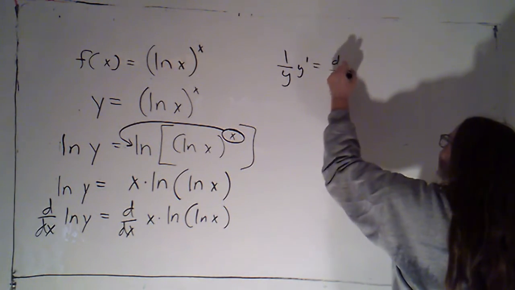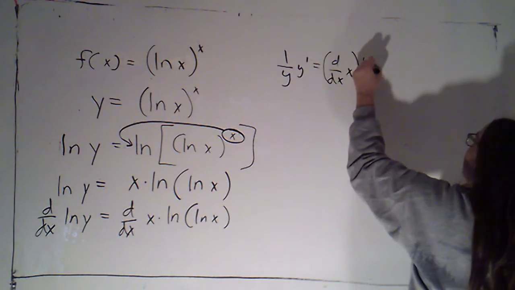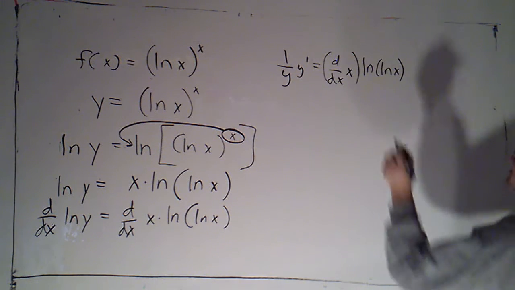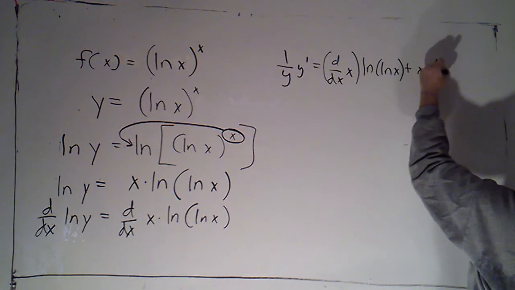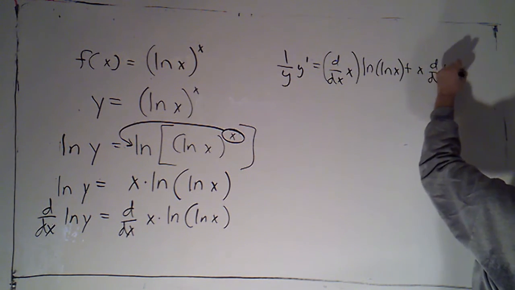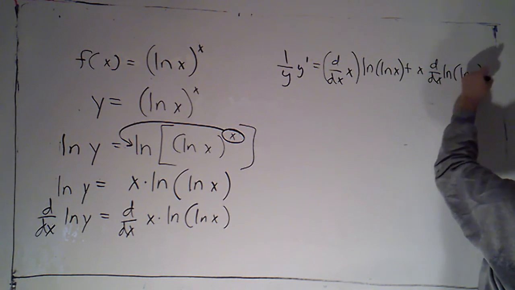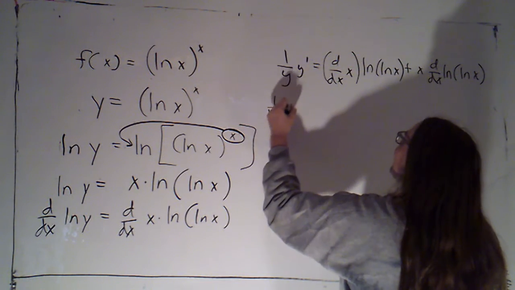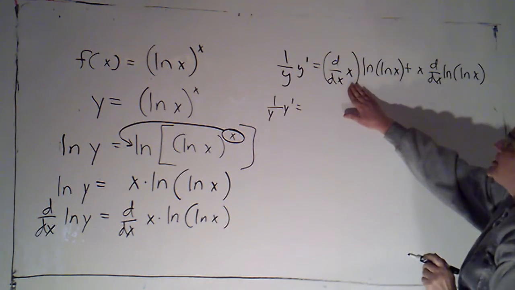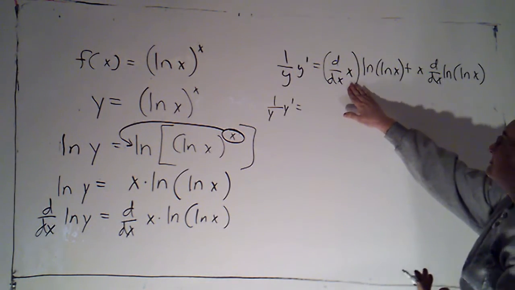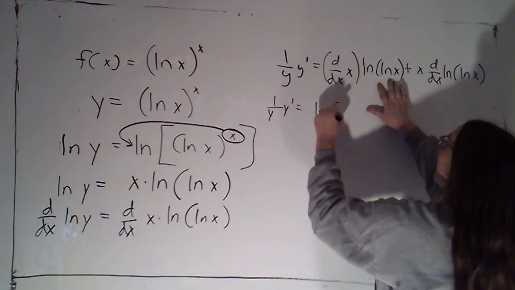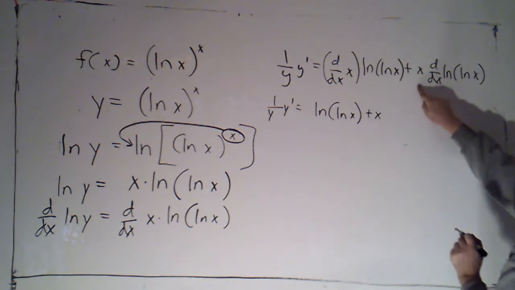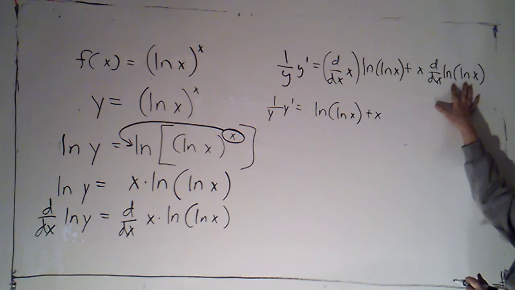So we get the derivative of x times the natural log of the natural log of x, plus x times the derivative of the natural log of the natural log of x. 1 over y times y prime equals, derivative of x is just 1, so we're left with the natural log of the natural log of x, plus x, and this is a function composition.